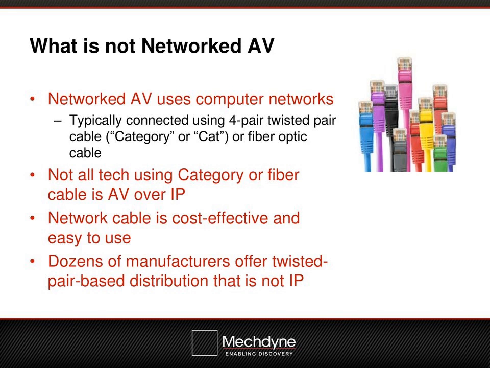So that's why it's often used as a medium to connect devices, but not necessarily in a networked way, just more as a cable connection between two devices with some other proprietary method of transferring data across that cable. There are dozens of manufacturers that offer twisted pair-based distribution that is not necessarily IP network-based.